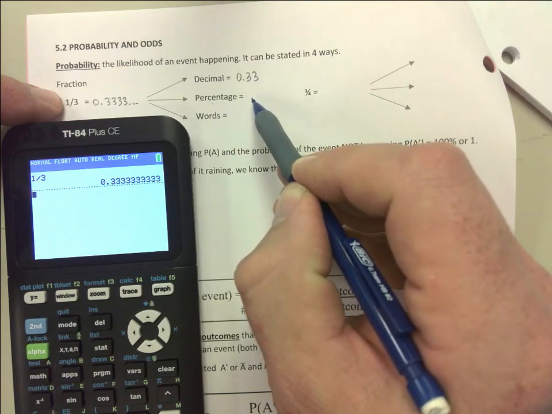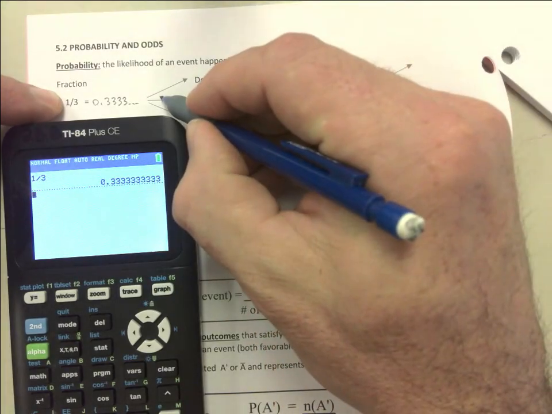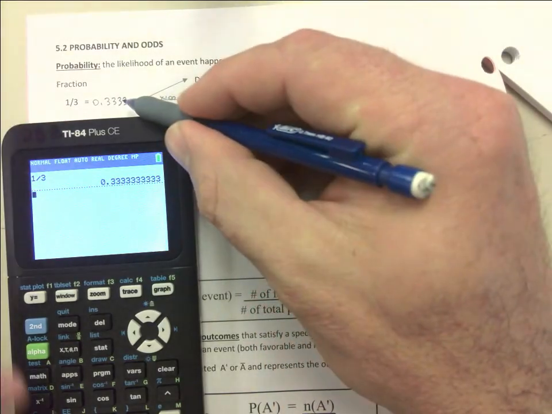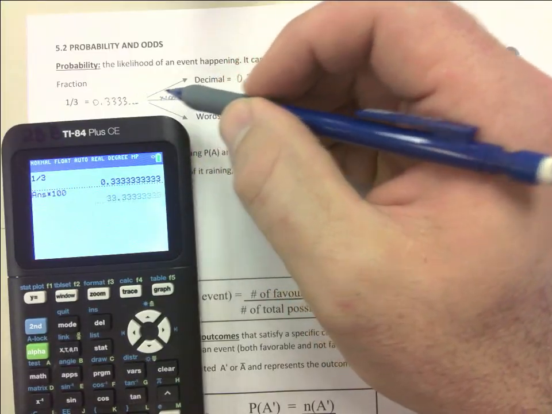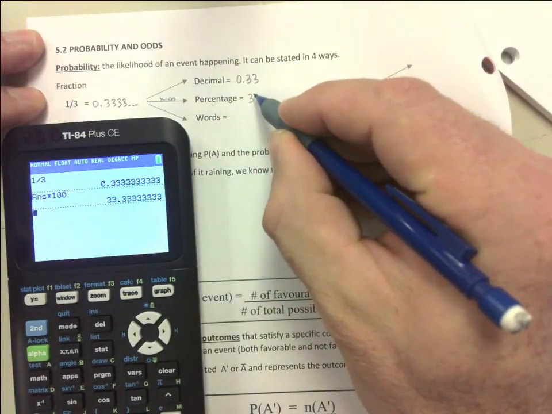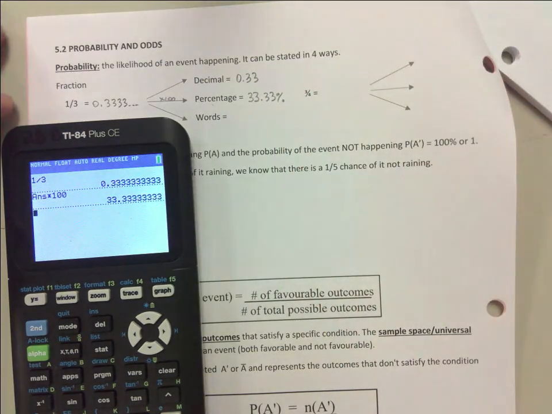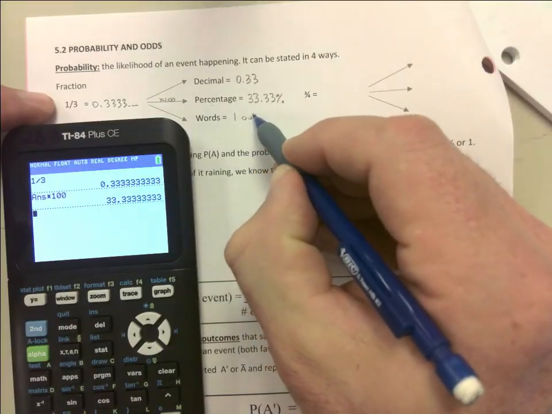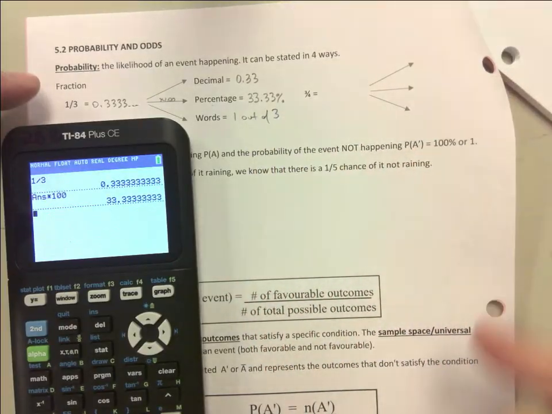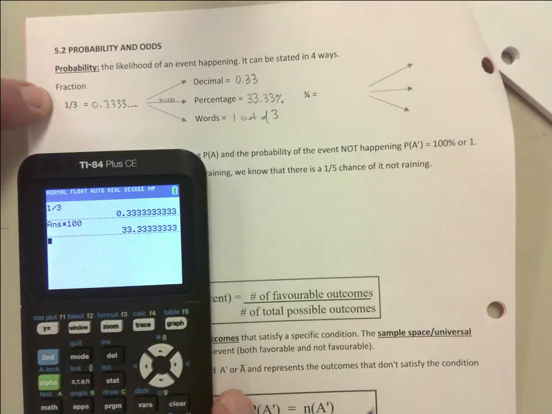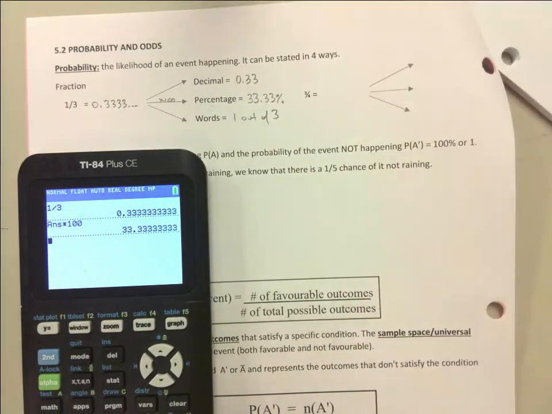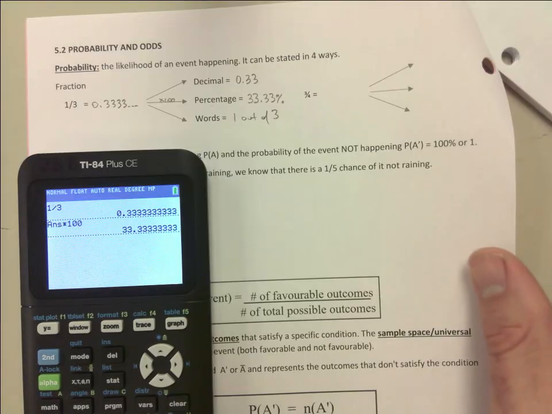That would be rounded incorrectly. You would take whatever's on your screen and multiply that by 100, and now round your answer to 2 decimals. That's how you round correctly. Words would be one third. So a fraction is one way of stating it, then decimal, percentage, words.